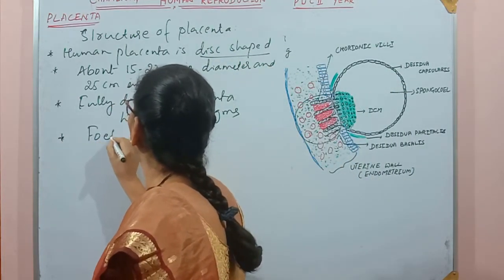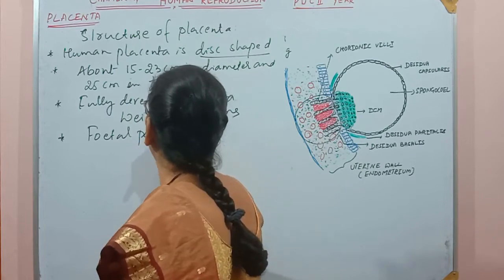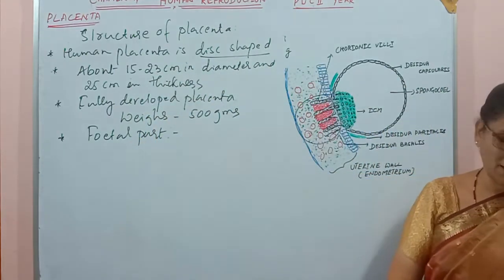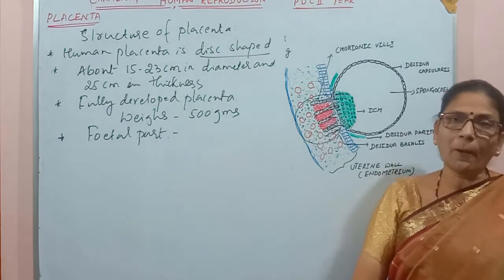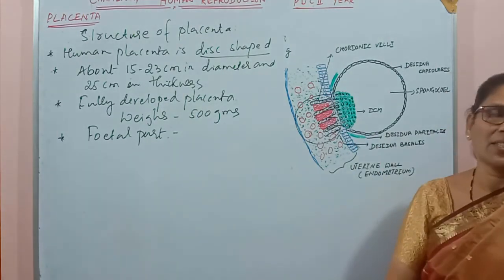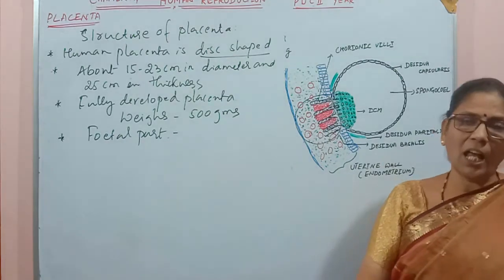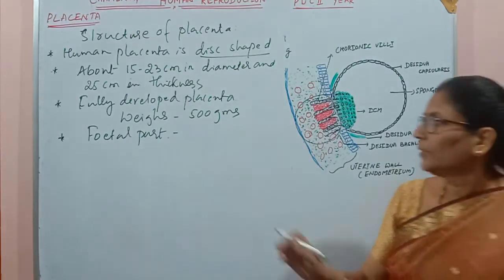Fetal part, which is involved in the formation of the placenta. The fetal part taking part in placental formation is what we call the chorionic allantois membrane.